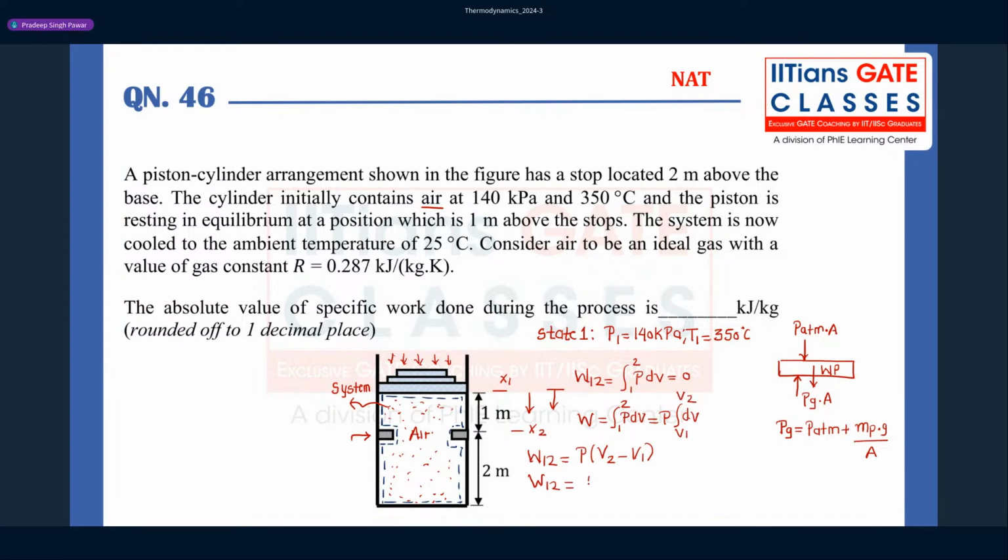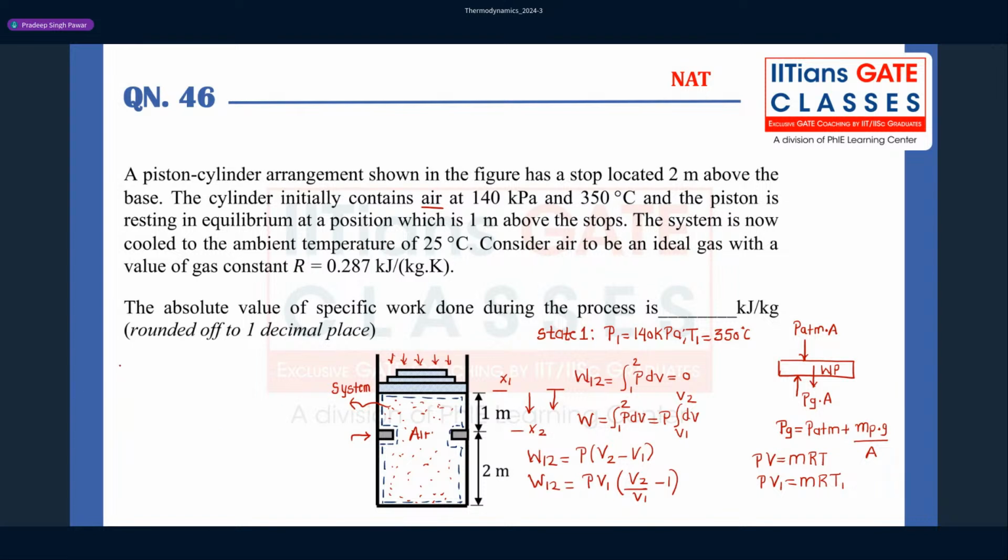Now I take v1 constant, so I get p v1 (v2 by v1 minus 1). This is air, and I can consider air as an ideal gas. I can use the ideal gas relation, which is pv equal to mRT. So p v1 is mR T1.